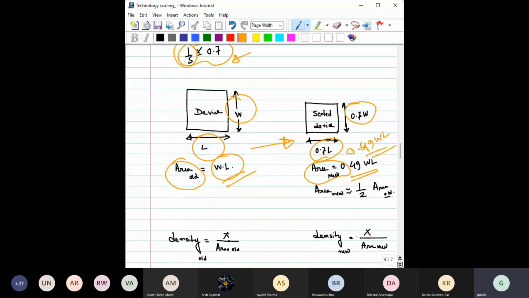Then what will happen to the density, the chip density or device density? That simply doubles, right?